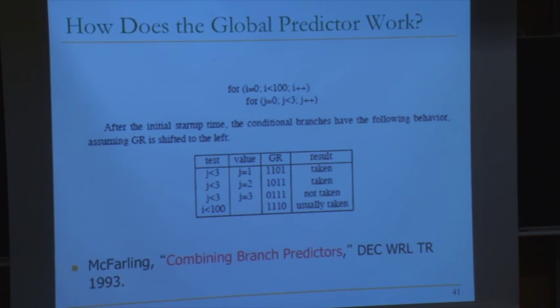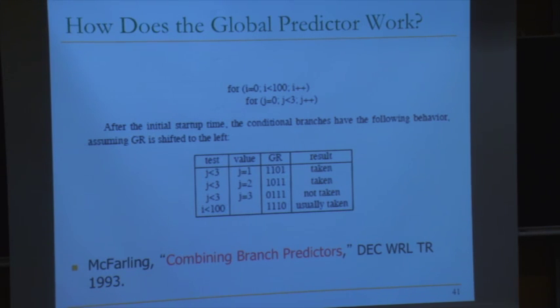So at that steady state, let's say we're testing this J value. What is the value of the global history register in that case? Well, if you look at the past 4 branches, let's assume that the global history register contains 4 bits. Your history should be, this is the latest branch, taken.